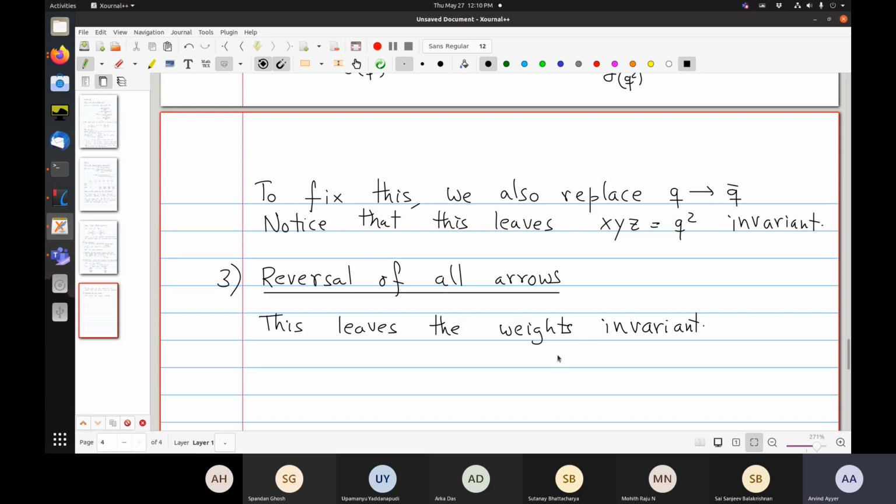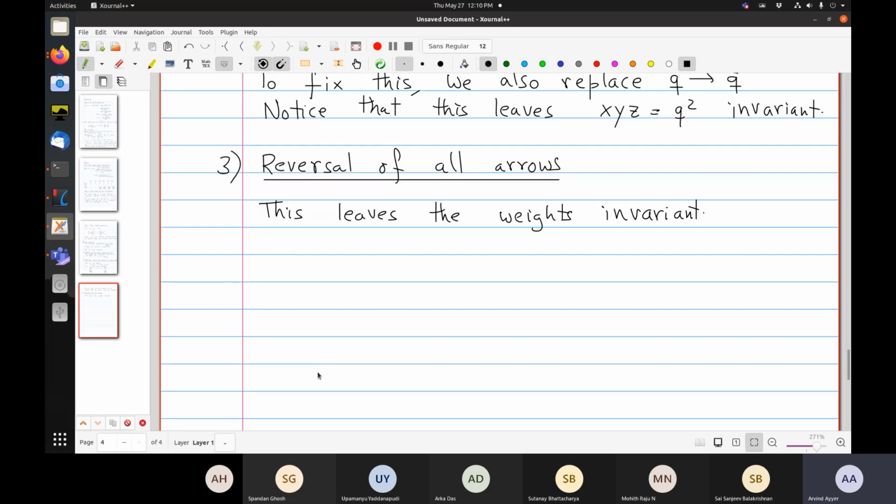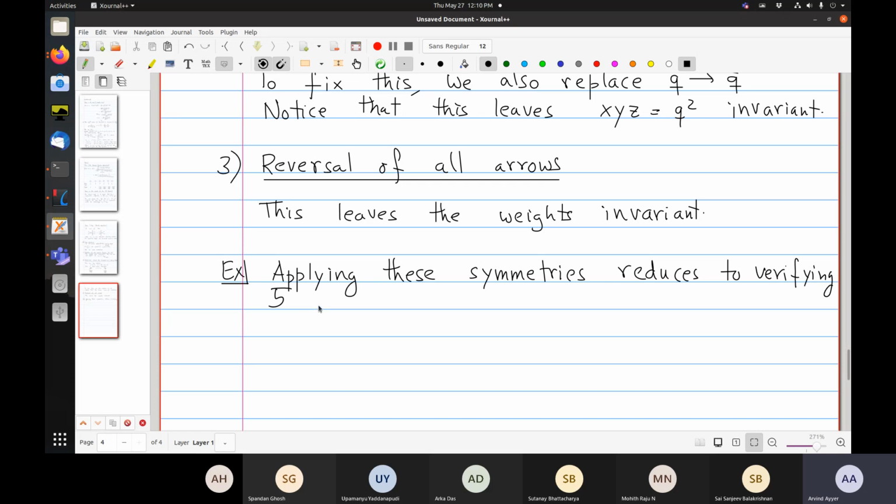Okay, so we have all these symmetries at our disposal, and an exercise for you is to show that applying these symmetries reduces to verifying 5 non-isomorphic identities.